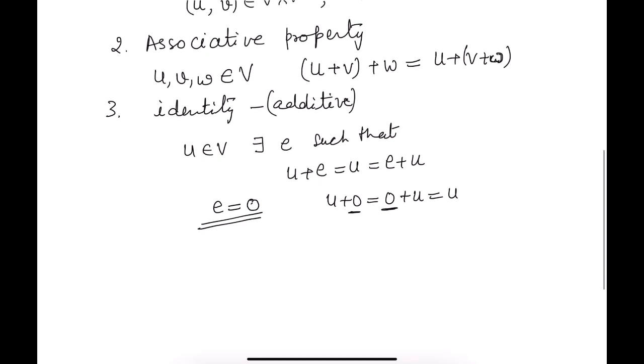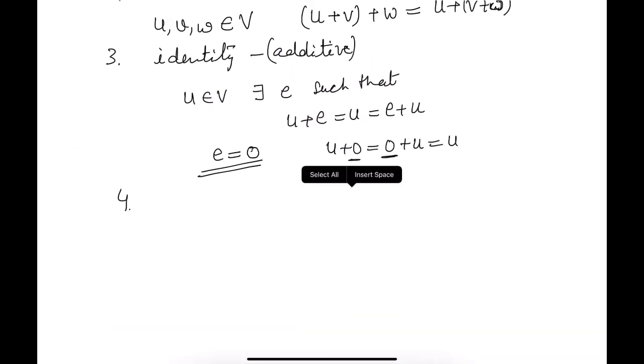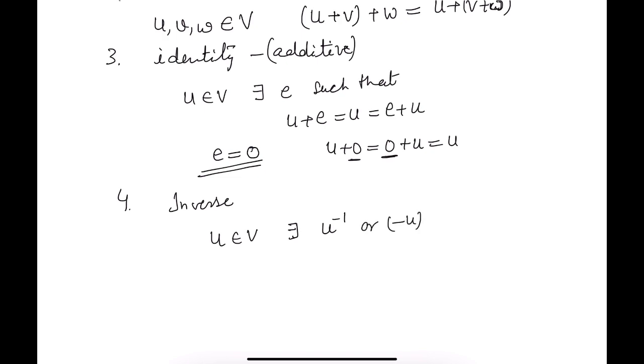So the third property is the existence of the additive identity. The fourth property is the existence of inverse. What is this inverse? It is obviously called the additive inverse. For example, if u belongs to v, then there exists an element u inverse, or simply minus u, such that when this element u is added with its inverse, it gives you the identity element.